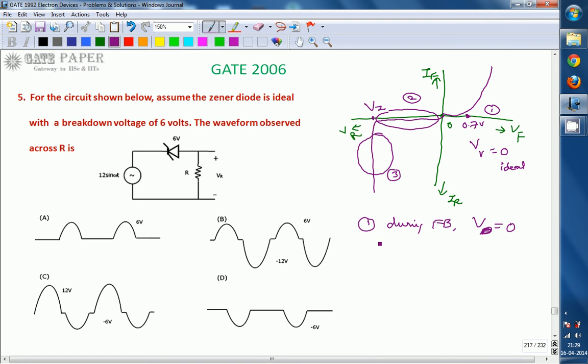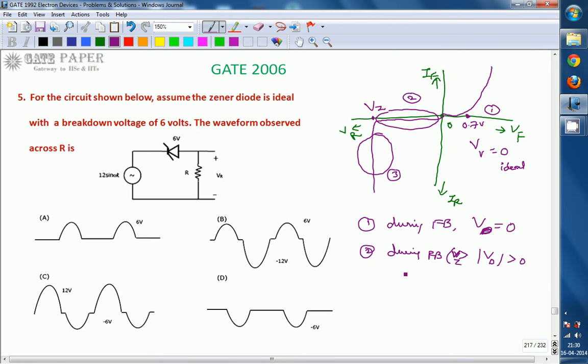Next, the second characteristic is during reverse bias, whenever the magnitude of the diode voltage is greater than 0 but less than Vz. If the diode voltage is less than Vz and greater than 0 in magnitude, that is the second portion.